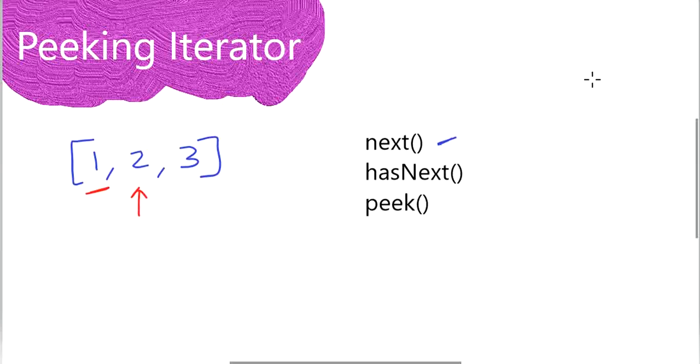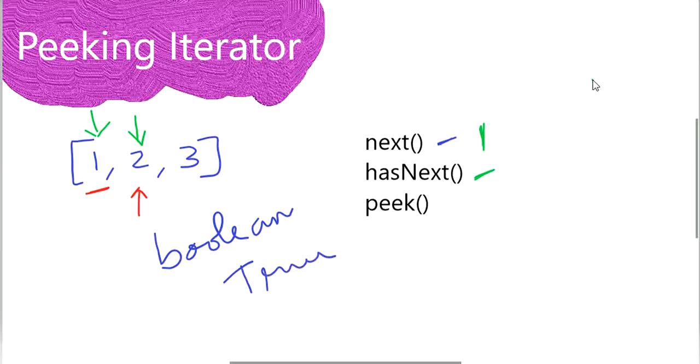If our current pointer is at 1 and we call the next method, it will give us the value 1 and move the pointer to 2. Now hasNext performs a similar function, but instead of returning the value, it returns a boolean value. If there exists a next element, it returns true. If not, it returns false.